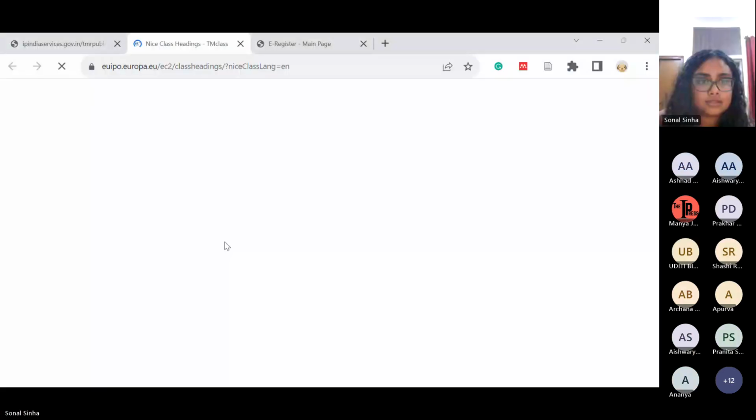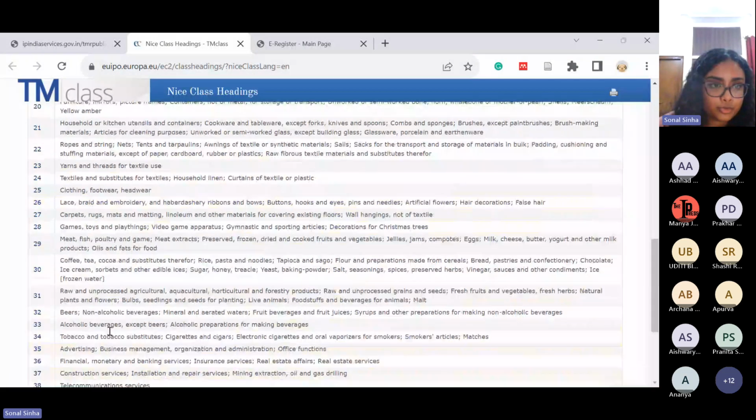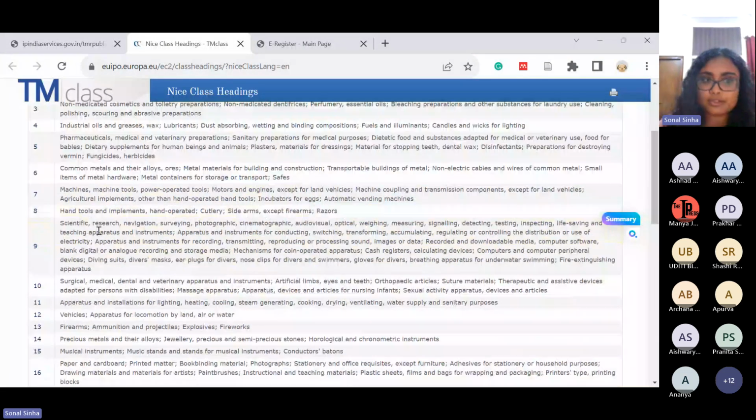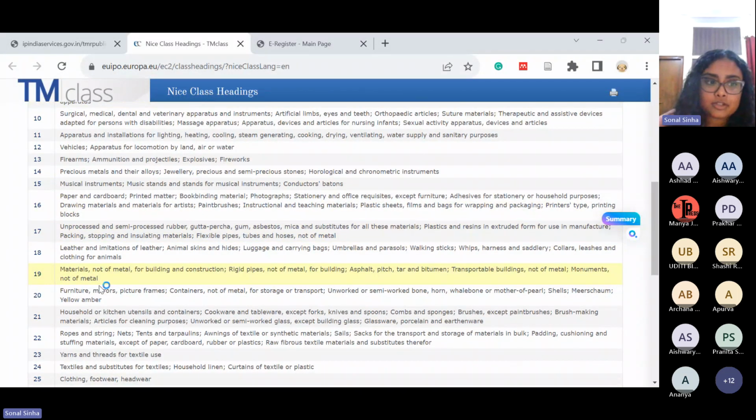So these are the different types of goods and services. When you're filing an application, you select which class your business falls into. As we were going through Bumpkin, it's clothing, so it's class 25.